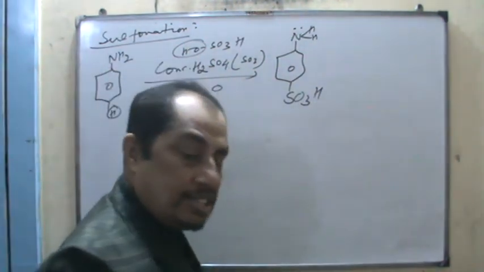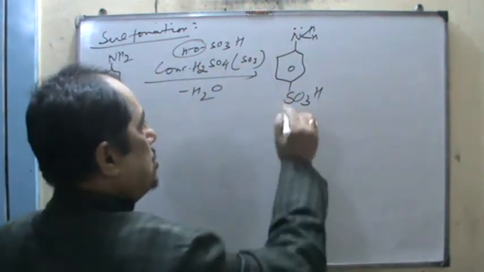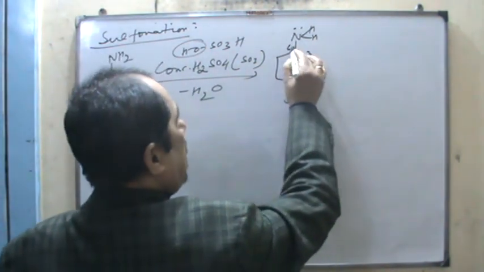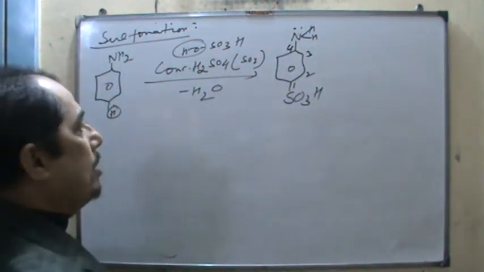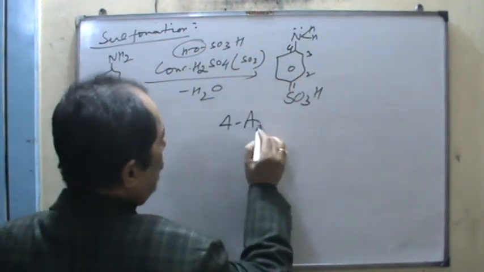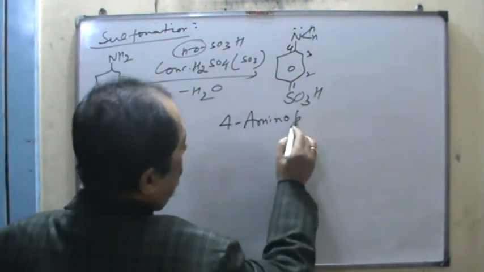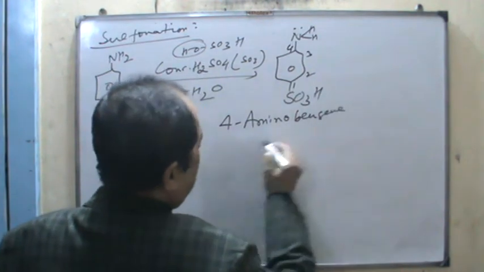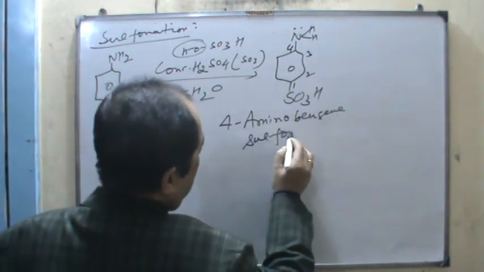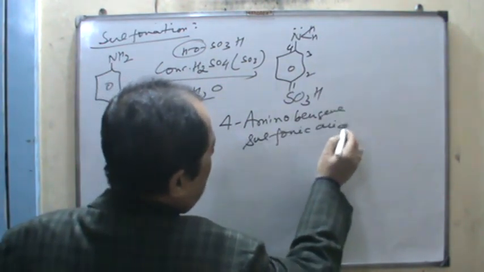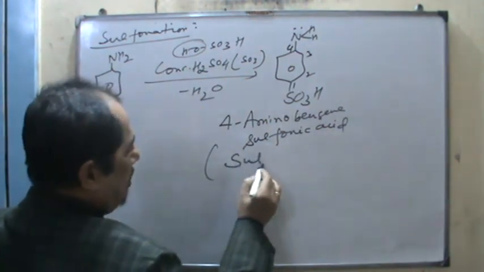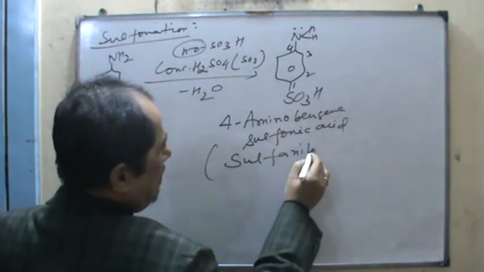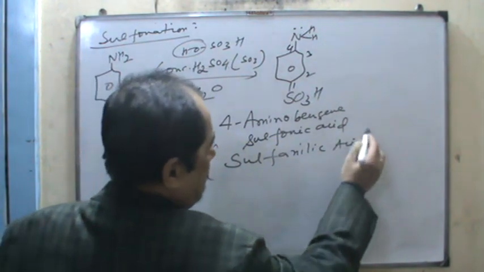So far as reference is concerned, this is 1, 2, 3, and what is that? 4 amino benzene sulfonic acid, or it is called sulfanilic acid.